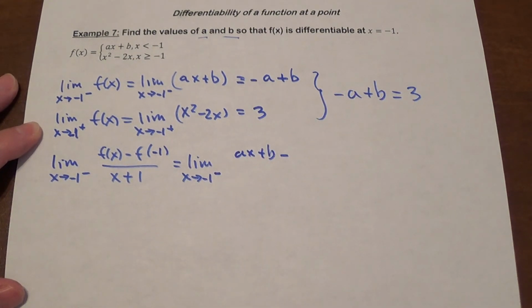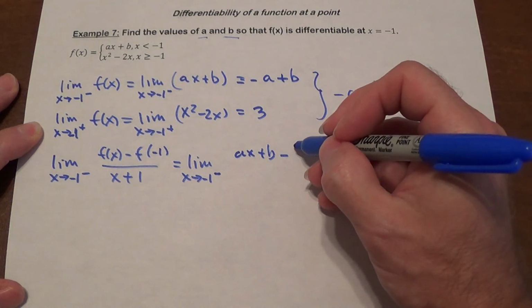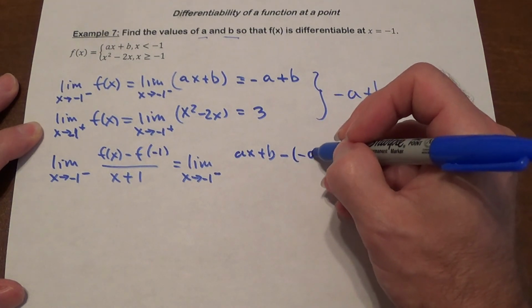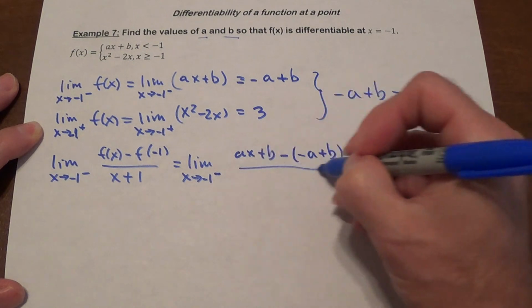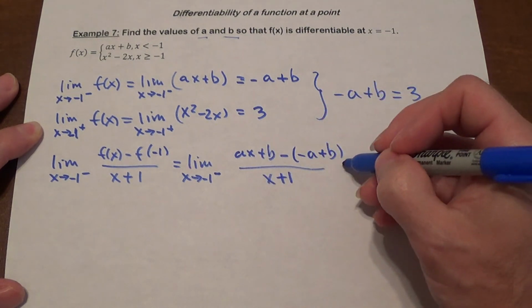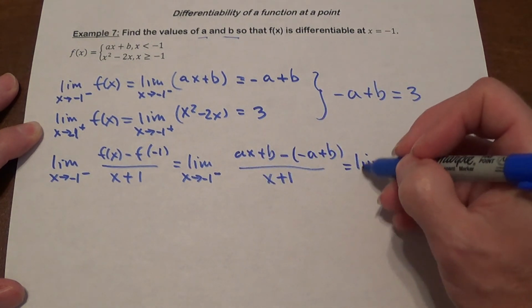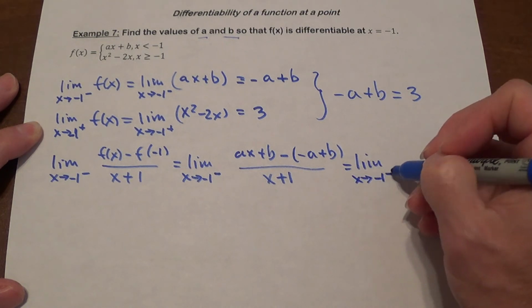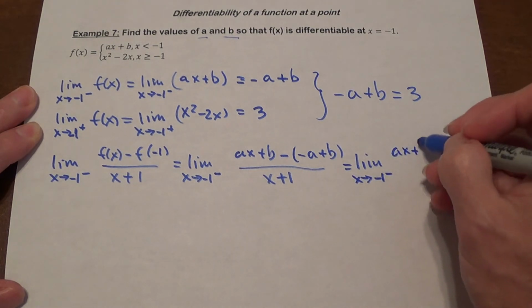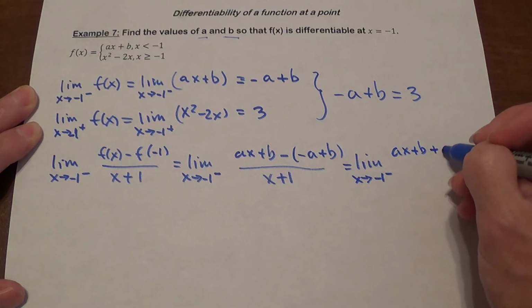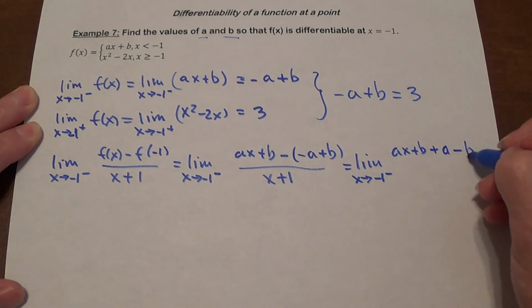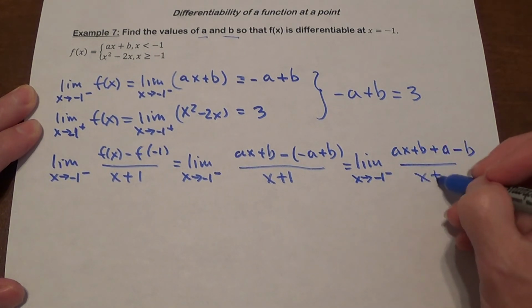When you substitute negative 1 in there, we already did it earlier, it's going to be negative a plus b, over x plus 1, which gives us the limit as x approaches negative 1 from the left of ax plus b plus a minus b over x plus 1.